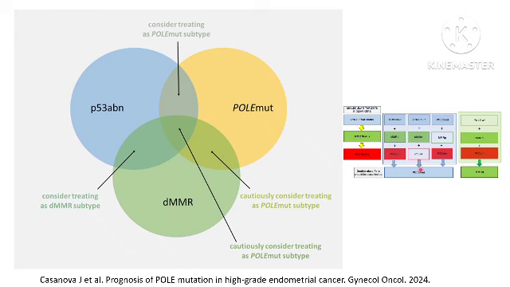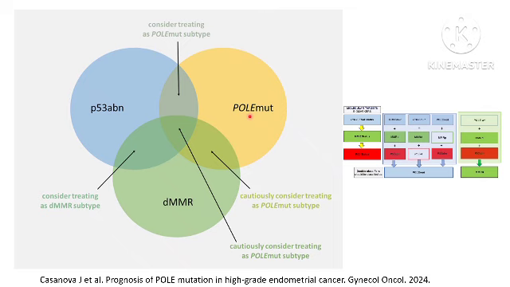This Venn diagram represents a proposed approach to therapy decision making in multi-classifiers. Information on the simultaneous occurrence of POLE-mutant and dMMR classifiers is very scarce and should be considered cautiously.